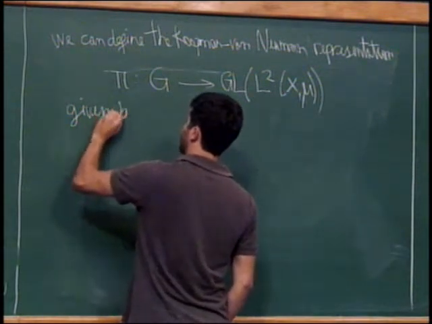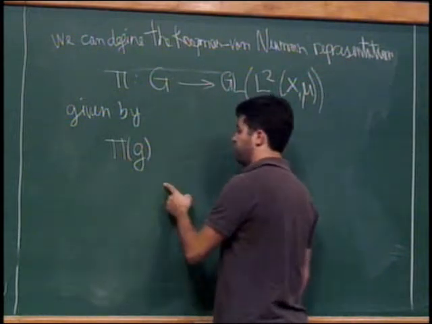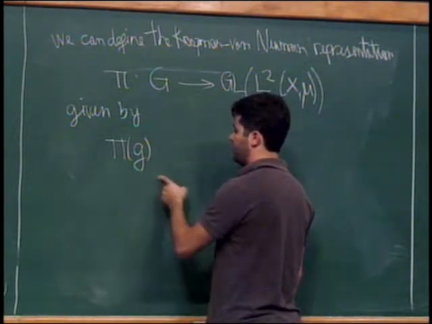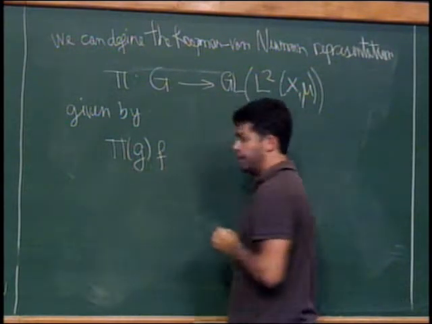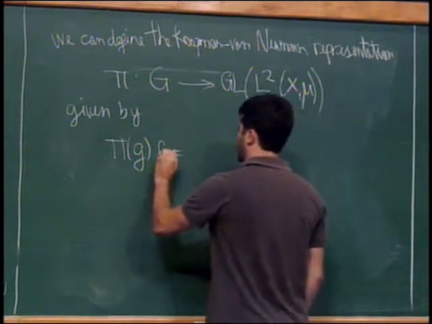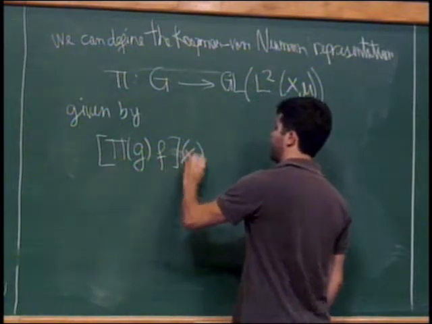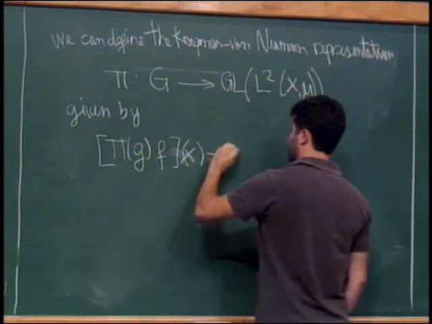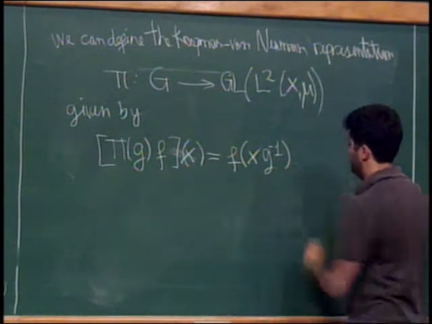It is defined by the automorphism that I associate to the element g. I should consider it applied to a function, and it is a new function such that when applied to a point x, it gives me the value f(x g^-1). Okay?